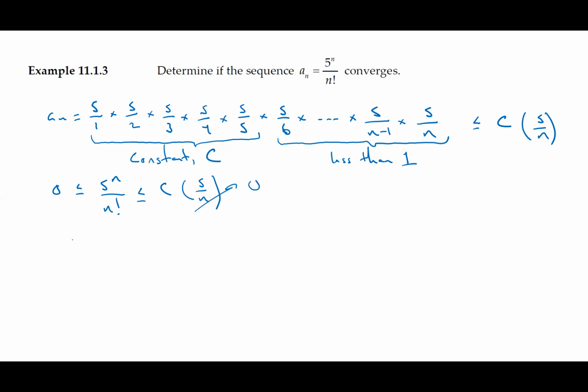And so by the squeeze theorem, the limit as n goes to infinity of 5 to the n over n factorial equals 0. Okay. That squeeze theorem is very, very convenient, very useful.